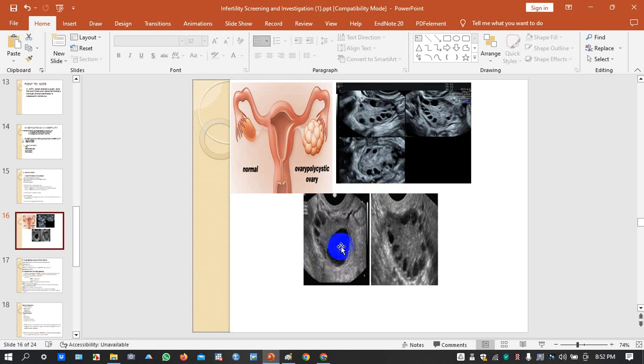It doesn't reflect any sound, so it's dark. So all these dark patches are the follicles which contain fluid. The follicles are so small because they are full of fluid, so they are not able to produce the ovum or ovulate. So let's continue.